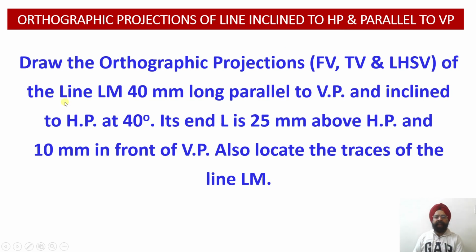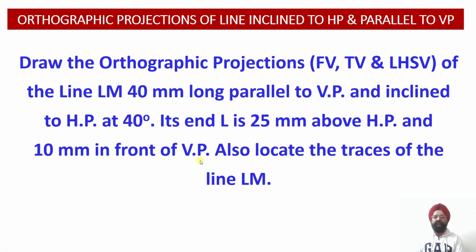The straight line LM, 40 mm long, happens to be parallel to the vertical plane and inclined to the horizontal plane at an angle of 40 degrees. The end L of the line is located at a distance of 25 mm above the horizontal plane and 10 mm in front of the vertical plane.